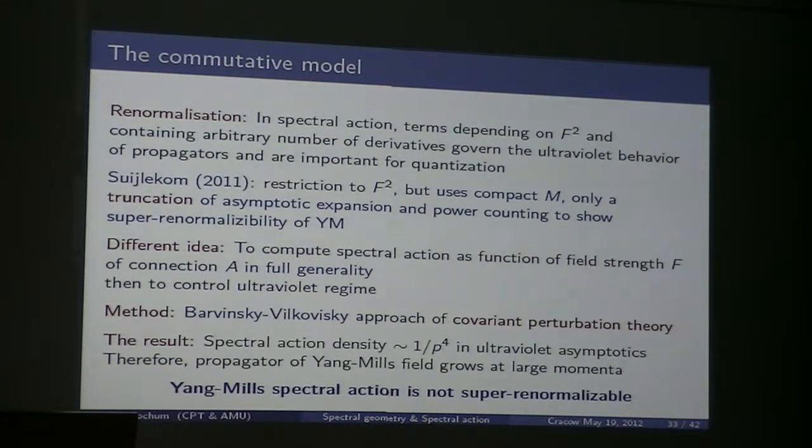The method we use is a Russian method initiated by Barvinsky and Vilkovisky, called the covariant perturbation theory. And the result is that the spectral action density behaves like 1 over P to the 4 when P goes to infinity. When the momenta go to infinity, it behaves like that. Of course, this means that the propagators grow at large momenta, so it's not super normalizable at all. Okay?